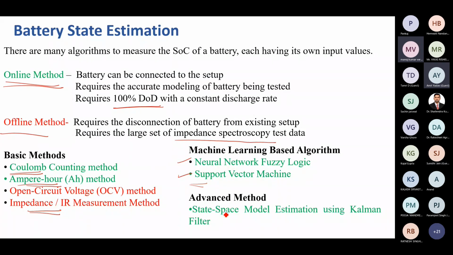The advanced method is state space model estimation using the Kalman filtering. We have compared that with the conventional method, and how close our algorithm is to the conventional method's true value. Even a 2% variation will increase the efficiency of the battery.